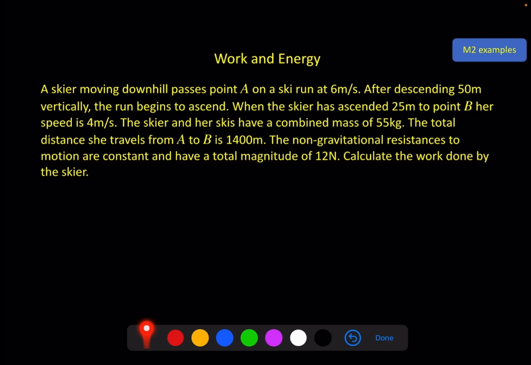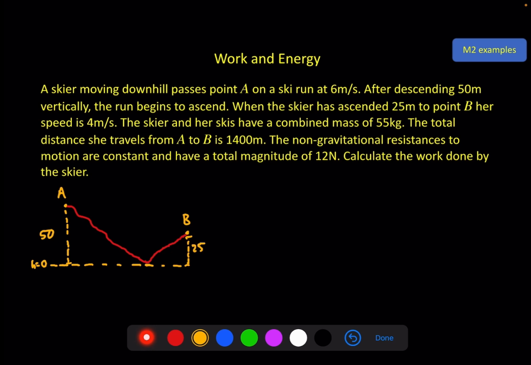That kind of makes it sound like she's dropped off a cliff, descending 50 meters vertically, but I think we're supposed to assume that it looks kind of like this, and she's going down, and eventually, compared with her starting point, she's gone down 50 meters before it then starts to ascend, and it ascends some way kind of like this, up 25 meters vertically to point B. And these we would measure from this level here and call this our h equals 0 level.